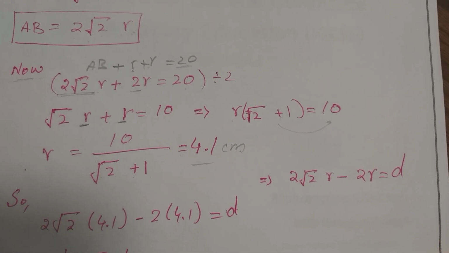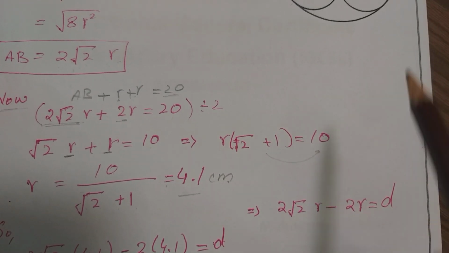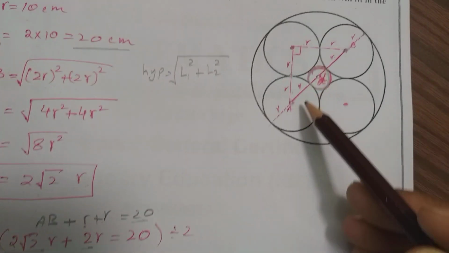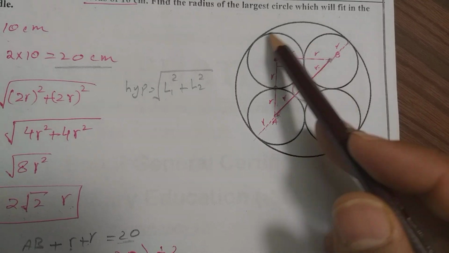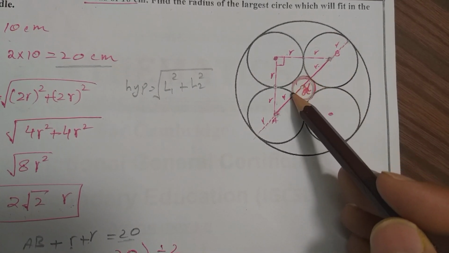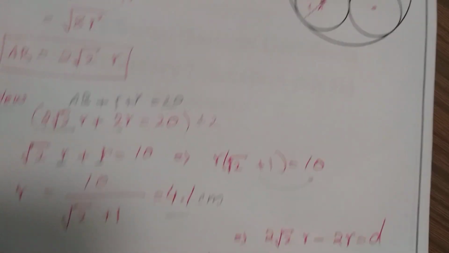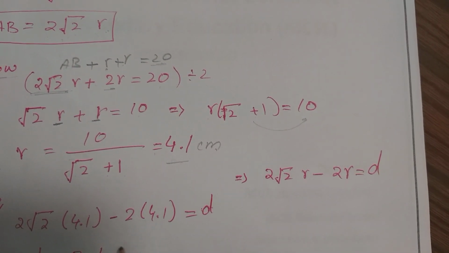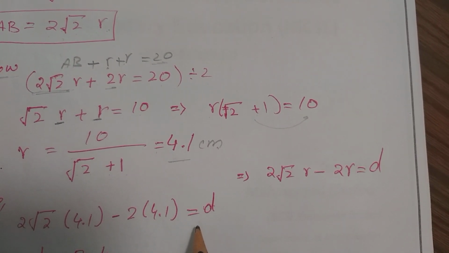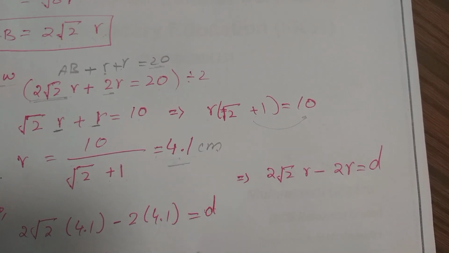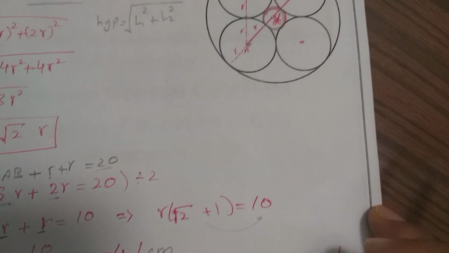This is the radius of the small circles inside the big circle, but I need the radius of this other small circle. So this is the radius of the four small circles inside the big circle. Now we need to find this circle.